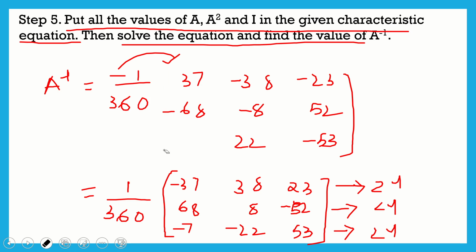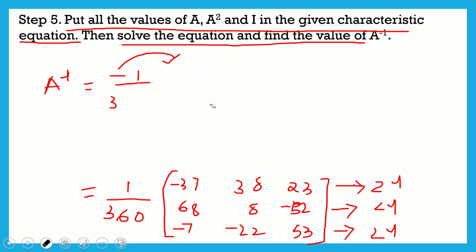Okay, so now I am erasing this upper part. I think you have written. If you have not written, just rewind the video and write it down. Now let us add the first column. Minus 37 minus 7 is minus 44, and plus 68, if you add, it is coming 24.